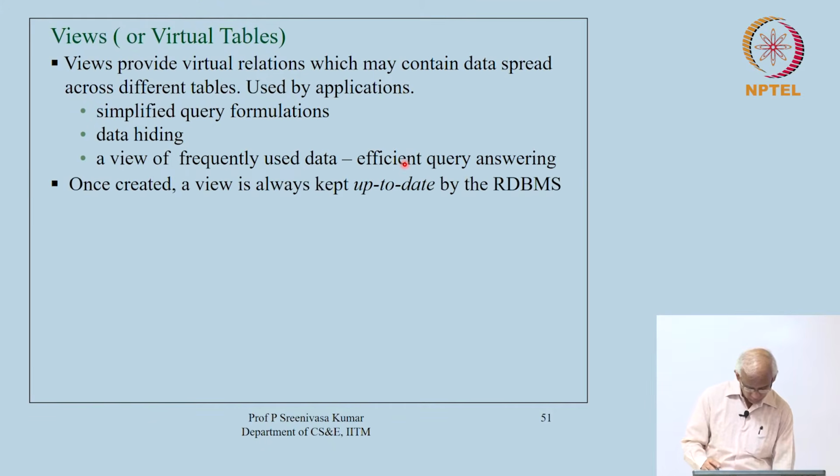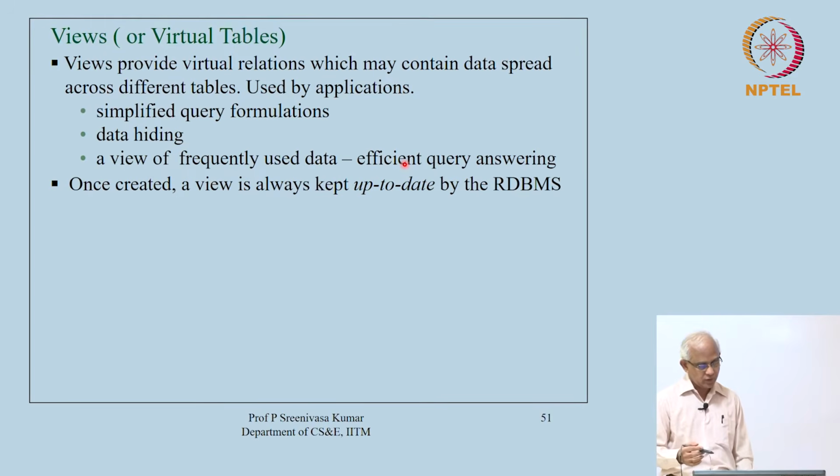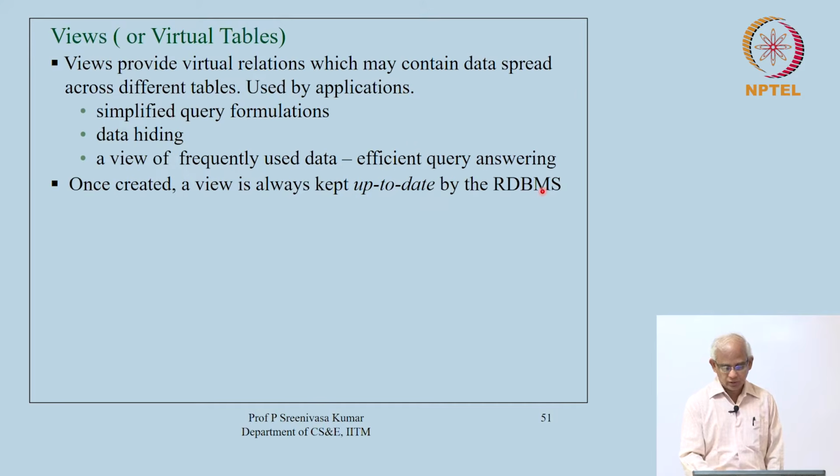Once we create these views, we will see how exactly we create them. The view is kept up to date by the RDBMS system. Notice that the actual data is there in the base tables.